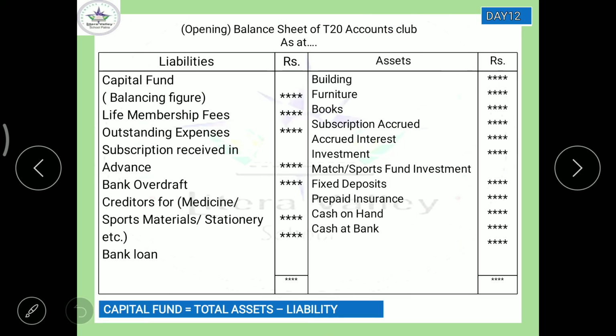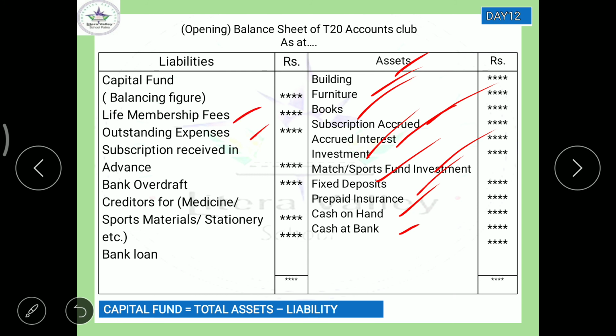Opening balance sheet, same here. Building, asset, furniture, books, subscriptions accrued, investment, match sports fund investment, fixed deposit, prepaid insurance, cash on hand, cash at bank are given there, and life membership fee, outstanding expenses, subscriptions in advance, bank overdraft, creditors, bank loan, etc. So it is actually based on the following formula: capital fund is equal to total assets minus liabilities, and this capital fund is required to be calculated.